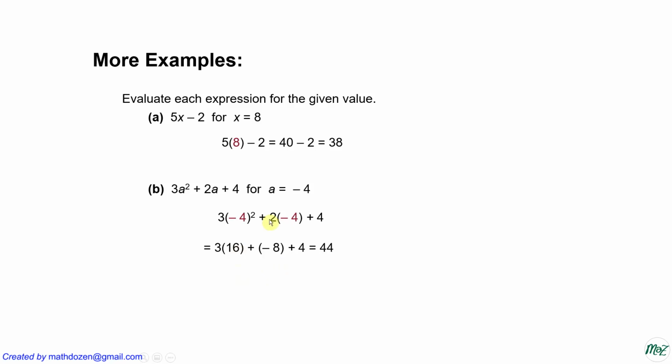And then -4 times +2, so that is -8, because when we multiply positive sign by negative sign, it gives us negative, but we still need to do the addition. And then when we multiply 3 and 16, then subtract 8 and add 4, you can stop and practice that a little bit on a piece of paper or your calculator. All in all, we will get a 44 as the answer.